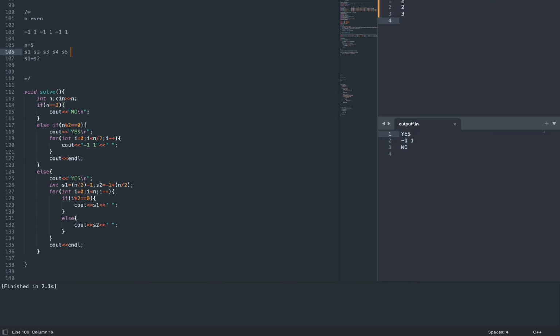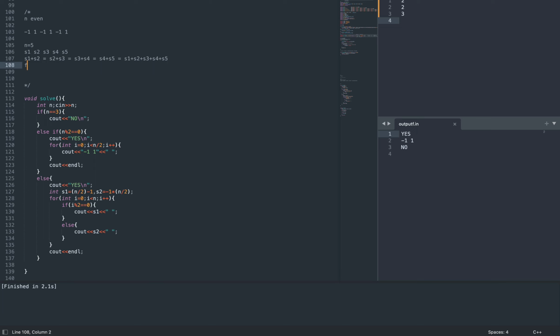Any adjacent pair is equal, so s1 plus s2 is equal to s2 plus s3, equal to s3 plus s4, equal to s4 plus s5, equal to s1 plus s2 plus s3 plus s4 plus s5.